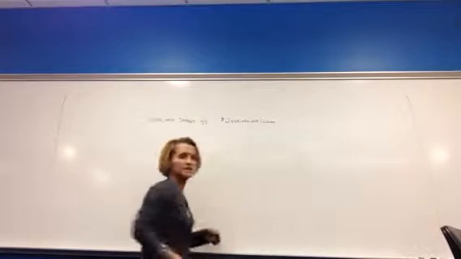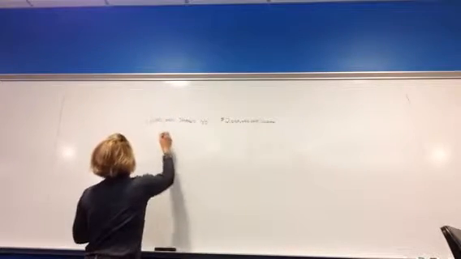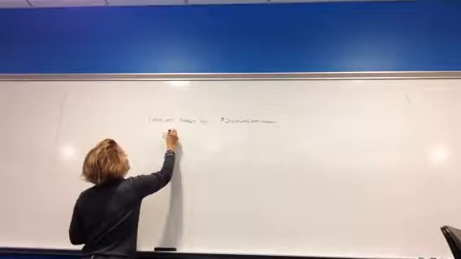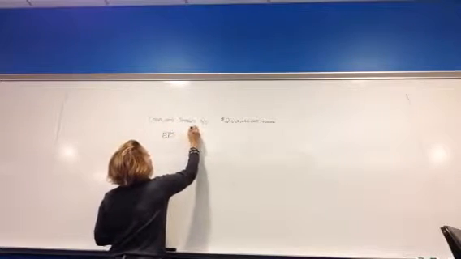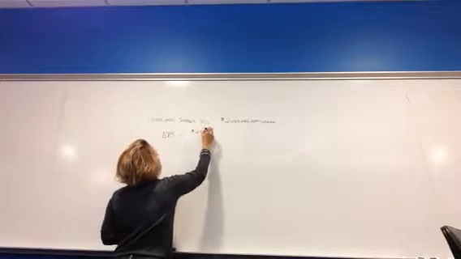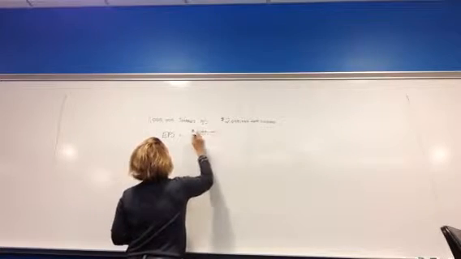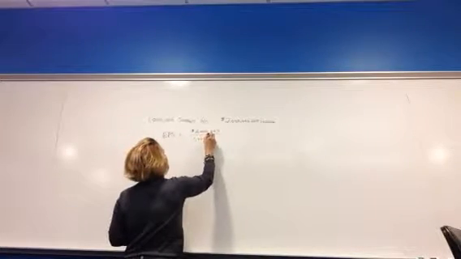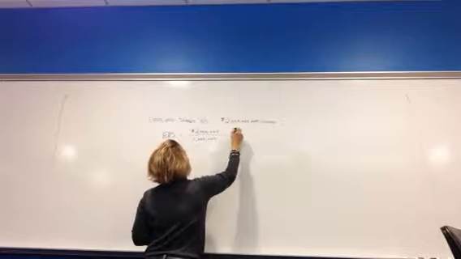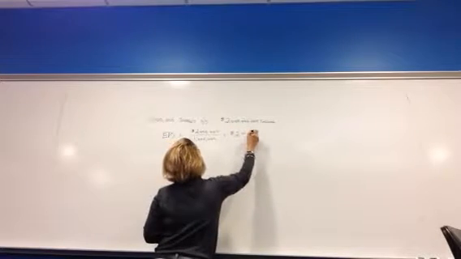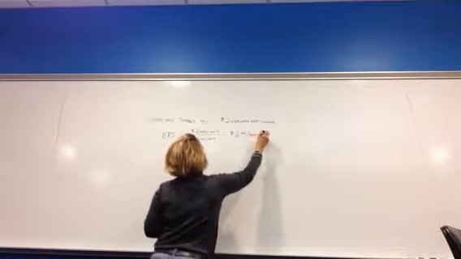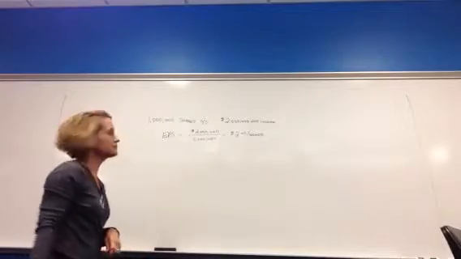They don't really ask us to do this, but for comparison's sake, I will. If we calculate their current earnings per share, it's going to be the $2 million of net income divided by the 1 million shares outstanding. So that would be $2 per share is their earnings per share.